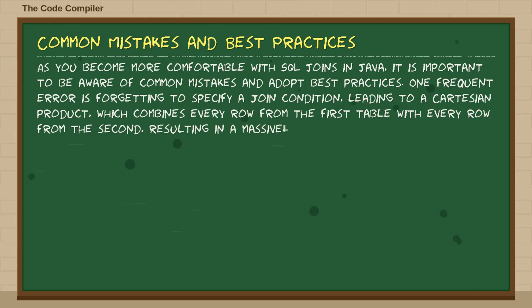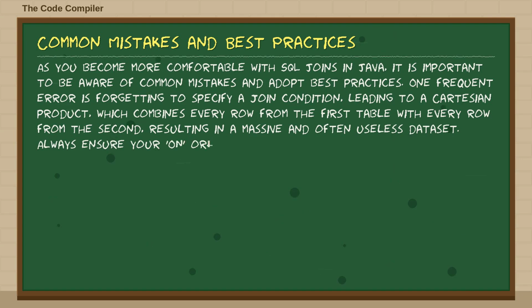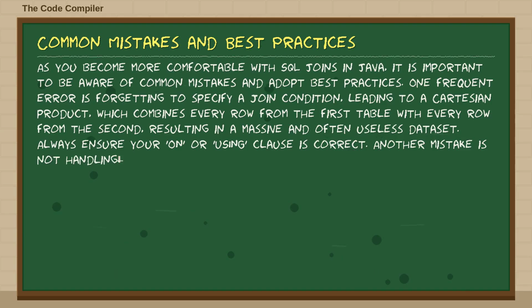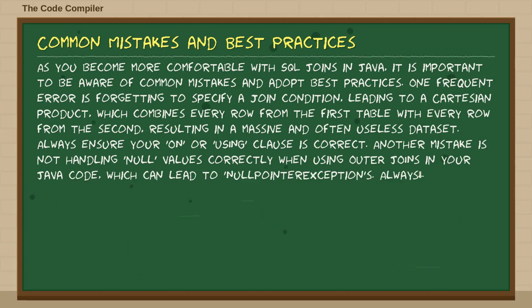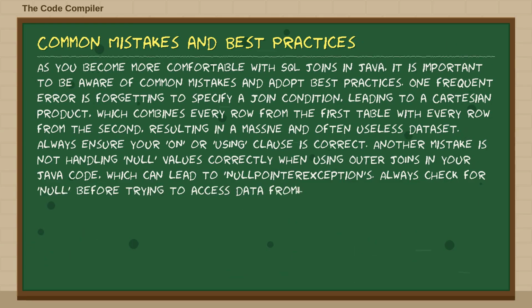Always ensure your on or using clause is correct. Another mistake is not handling null values correctly when using outer joins in your Java code, which can lead to null pointer exceptions. Always check for null before trying to access data from potentially non-existent joined rows.